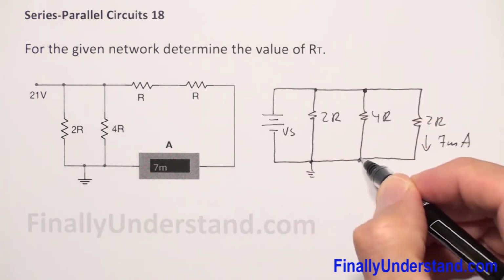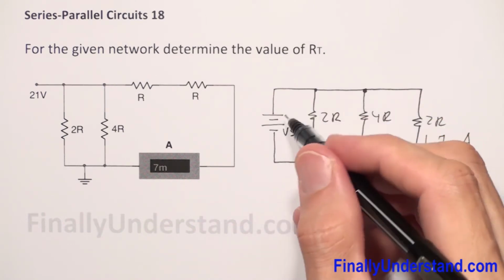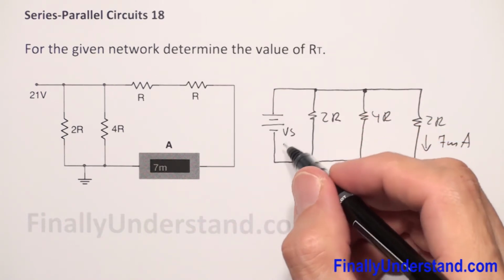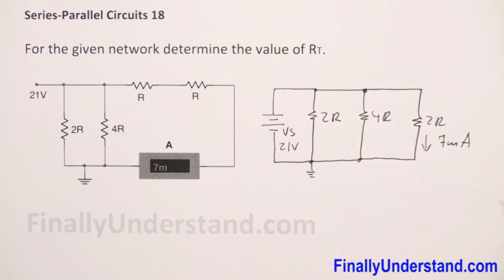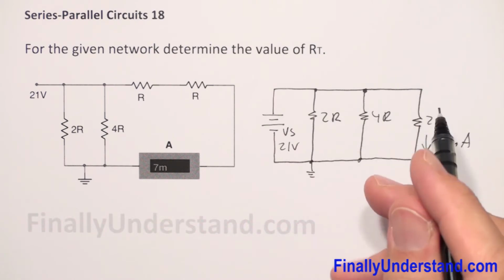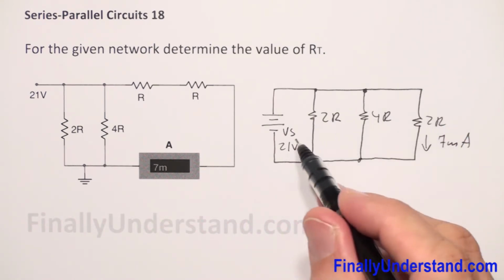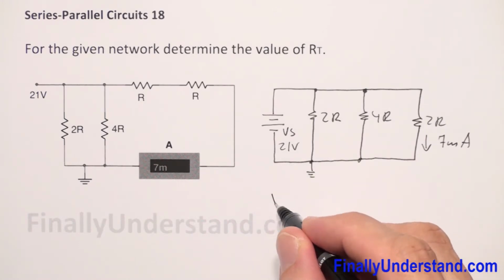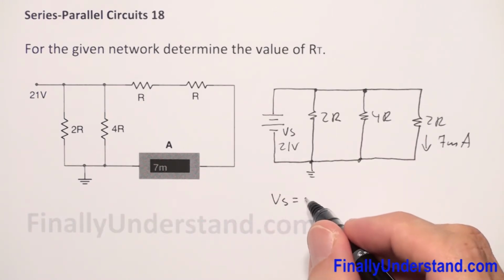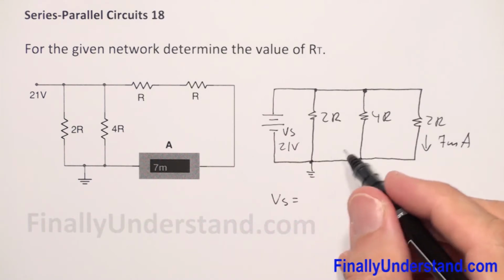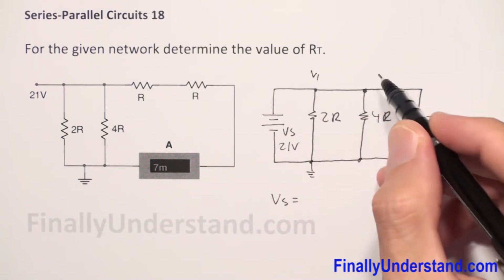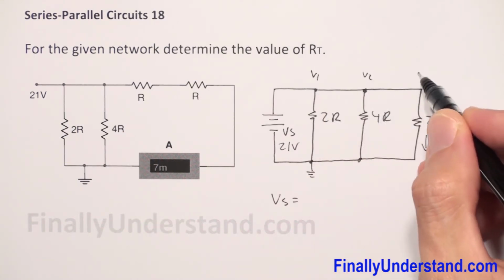Okay, and I know that the voltage source has 21 volts across itself. So you have to realize that this is a parallel circuit. In a parallel circuit, the voltage across each resistor is the same as the voltage source. So I can say that the voltage source is equal to, let's call this V1, the voltage across this resistor, V2, and this is V3.